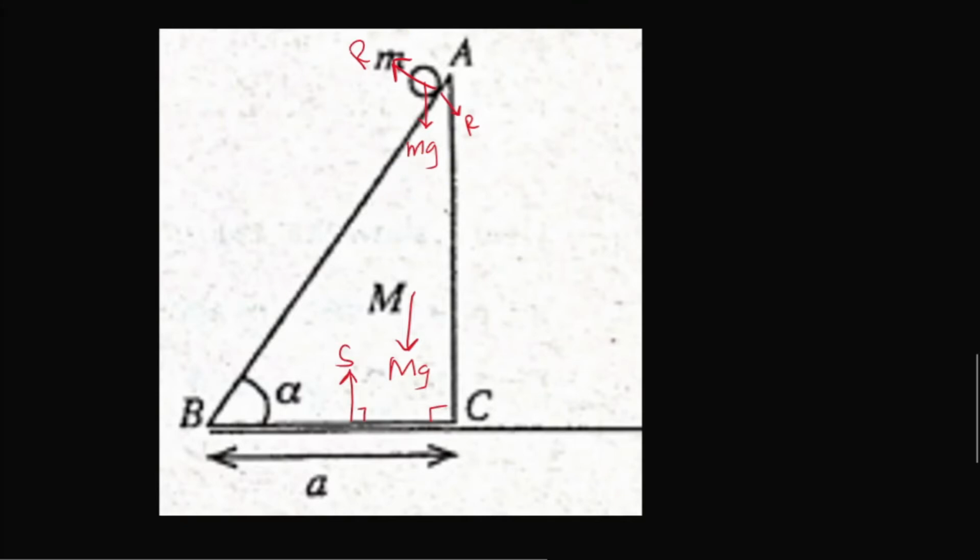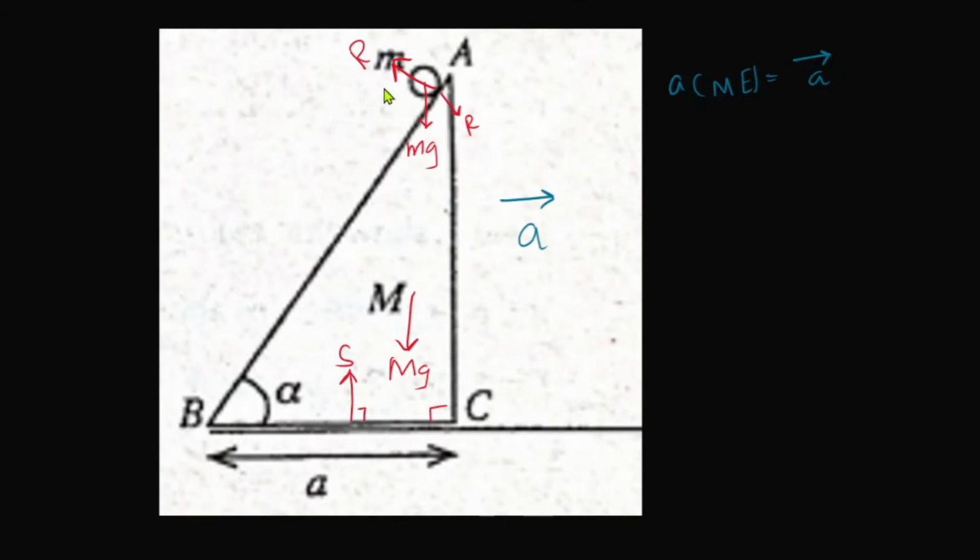Next, what we need to mark is the accelerations of the objects. Let's assume the acceleration of the wedge is in this direction. The acceleration of the wedge relative to earth is A, because the wedge is on the ground.